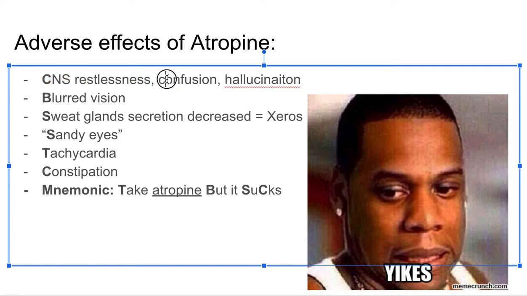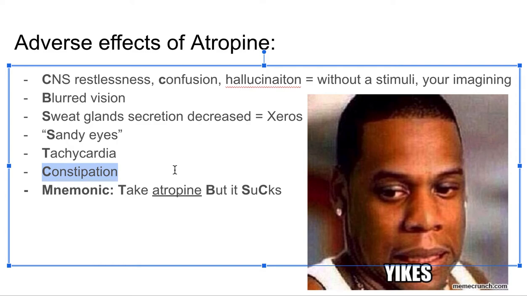Can also lead you to think about confusion, and CNS restlessness and confusion can also lead to hallucination. Hallucinations basically means anything without any stimuli, so without a stimuli, you're imagining stuff. So the next one is also constipation.